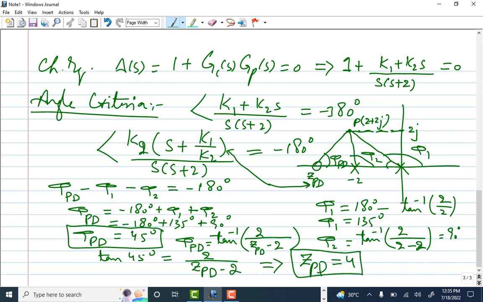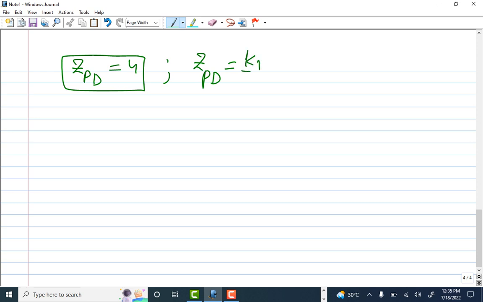So this is calculated as the zero location here. This means that ZPD is equal to 4, or actually ZPD is equal to the ratio of K1 divided by K2, that is equal to 4.